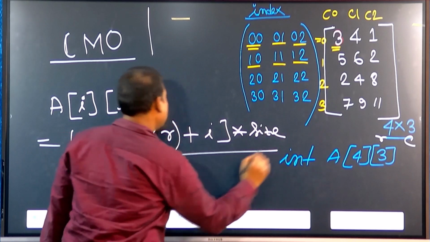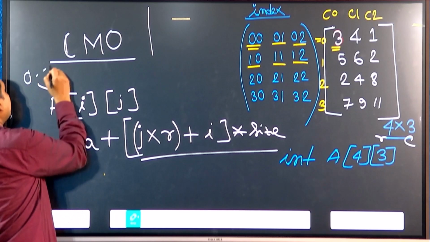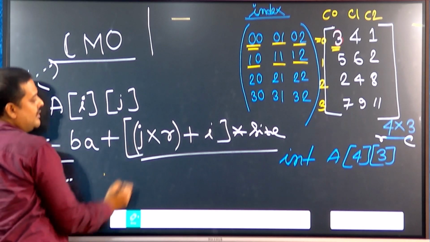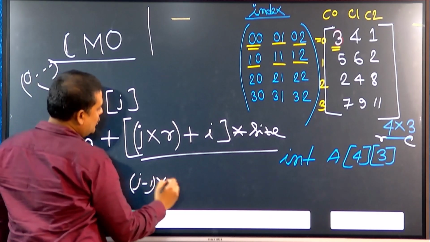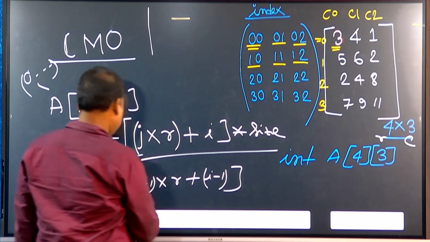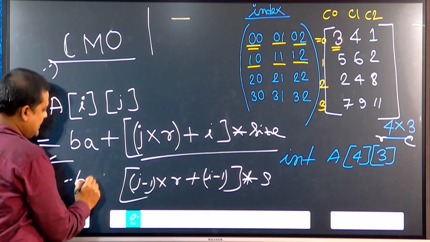This is the case for the index starting from 0. If the index starts from 1, then this will be J minus 1 into rows plus I minus 1, the total into size, plus the base address.